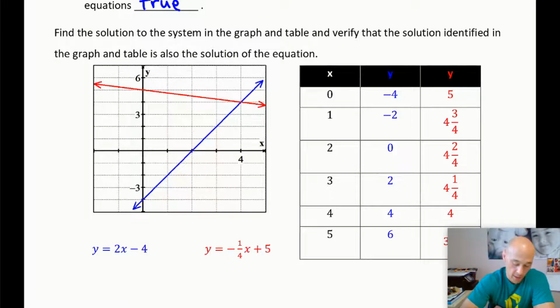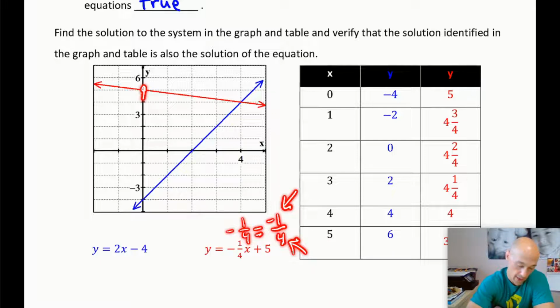In our other situation, our b value tells us that our y-intercept is the point (0, 5). And our slope of -1/4 can be thought about in a couple different ways. We can put the -1 above the 4, and those two fractions are equal. This says to go down 1 and to the right 4.